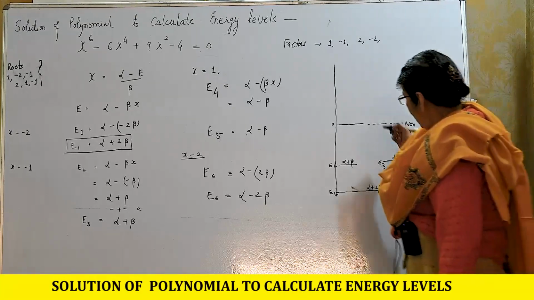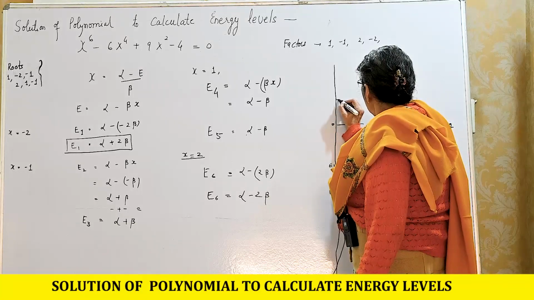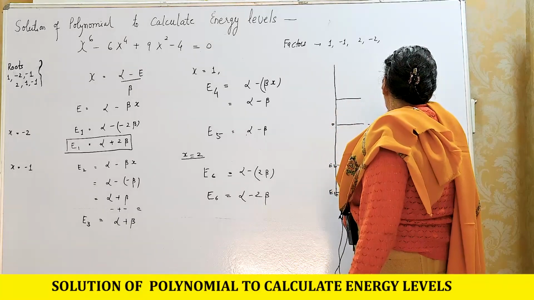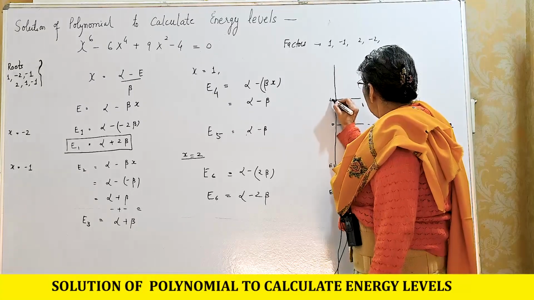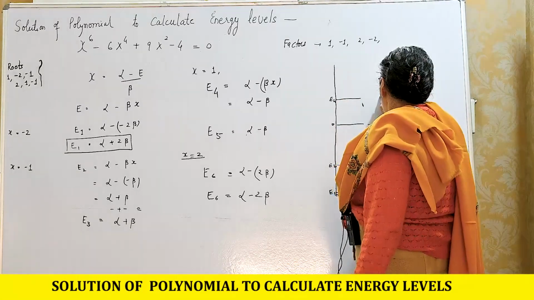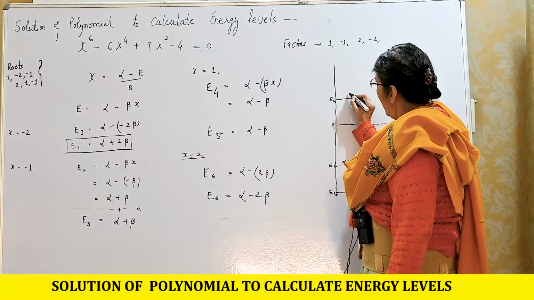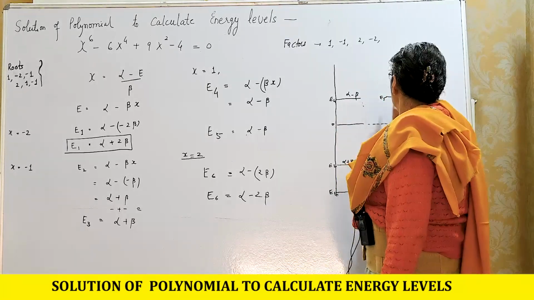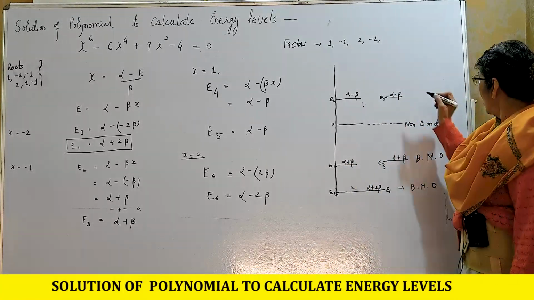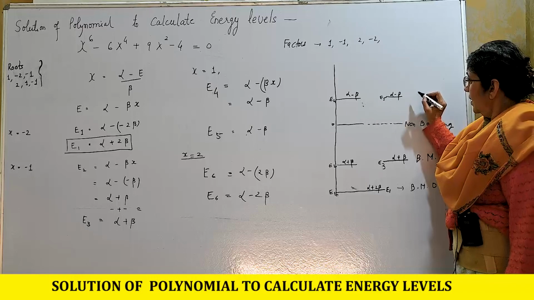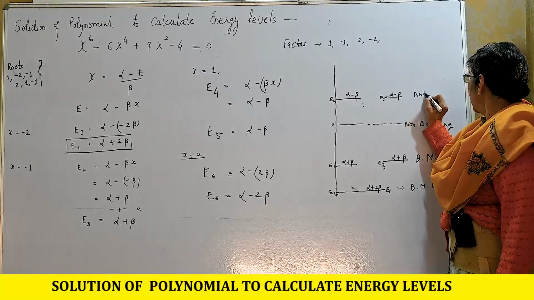And now E1, E2, E3, this is E4, this is E5, E4 and E5. This is alpha minus beta, alpha minus beta. And these two molecular orbitals are anti-bonding.